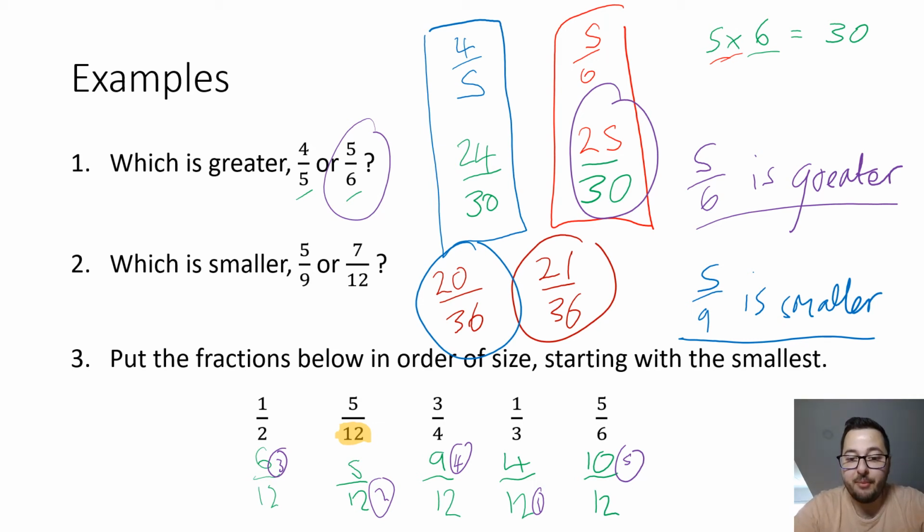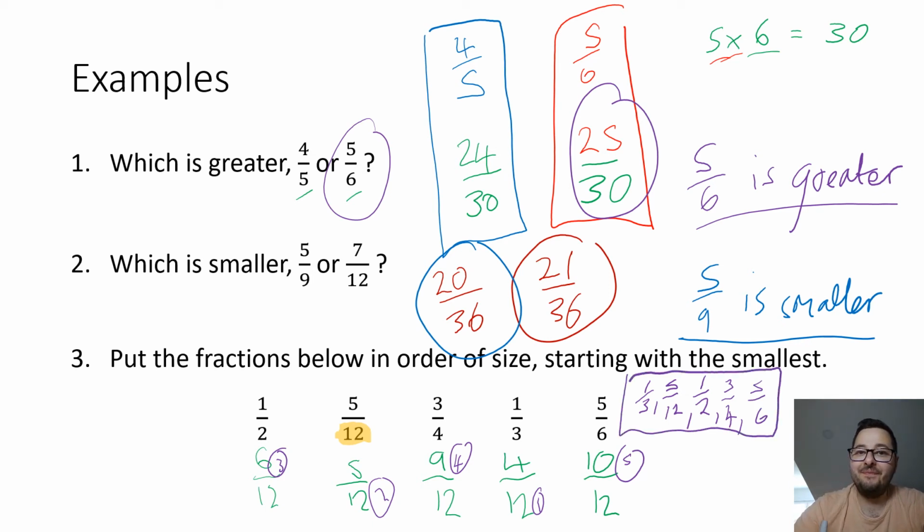So the first one, I'm not going to write 4 over 12, I'm going to write 1 over 3. Then the second one was 5 over 12. Then the third one was 6 over 12, but that is a half. Then the fourth one is 9 over 12, which is 3/4. And then the final one is 10 over 12, which is 5/6. So that is our answer.